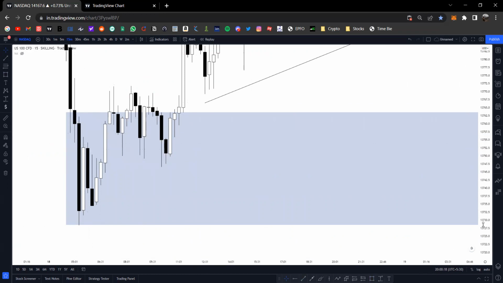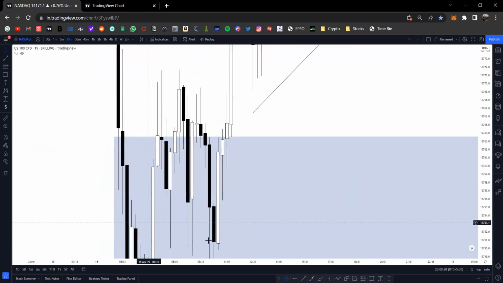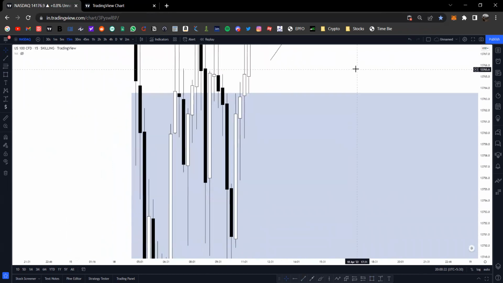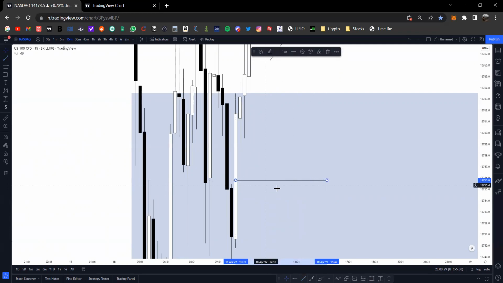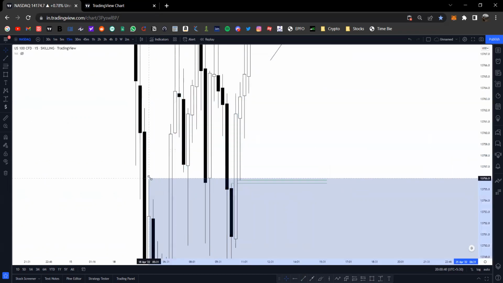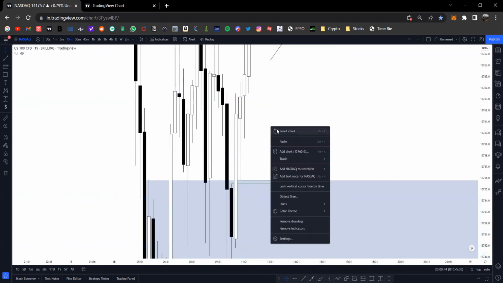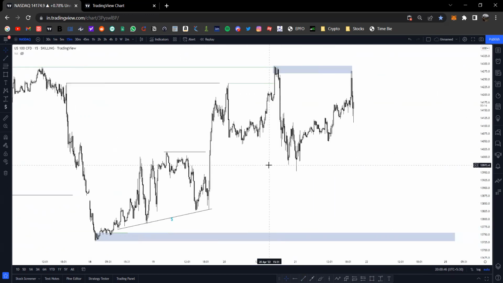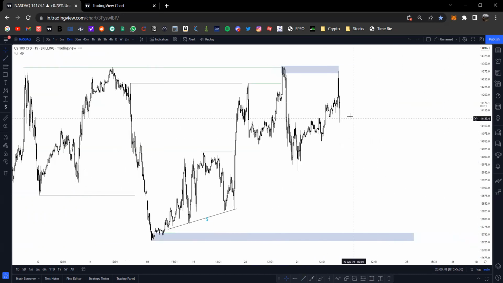And we still have some sort of imbalance just inside, this high and this high of this candle and this wick. So I will go and refine. I will take the full fair value gap, and this will be my point of interest for buys in here.